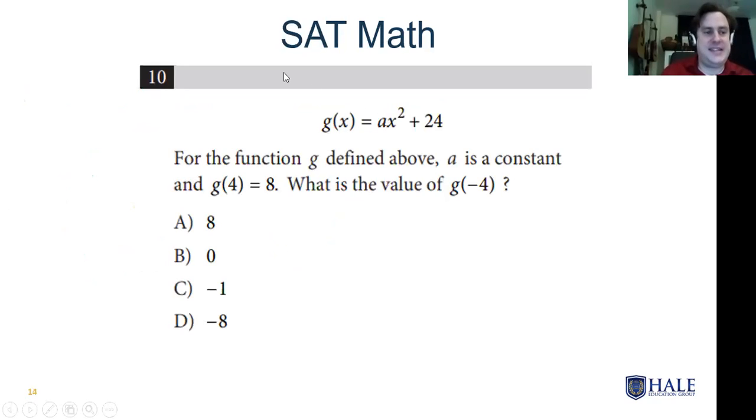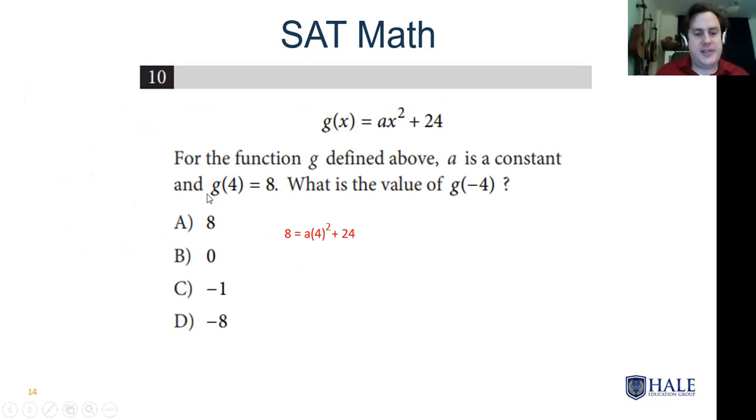Check out how the SAT tests that same concept, functions. This question reads, for the function g defined above, a is a constant and g of 4 equals 8. So what is the value of g of -4? Let's see.